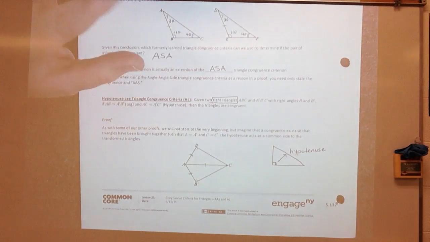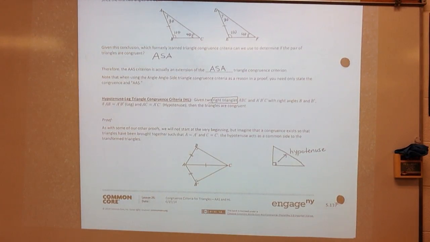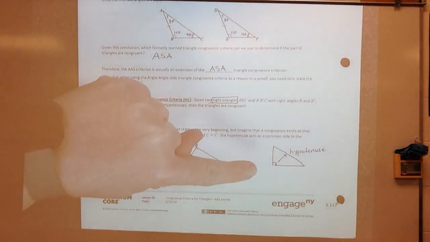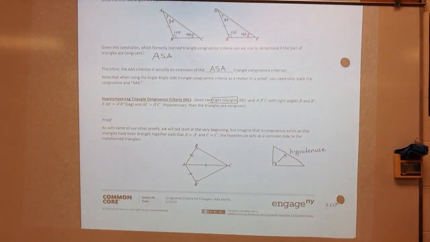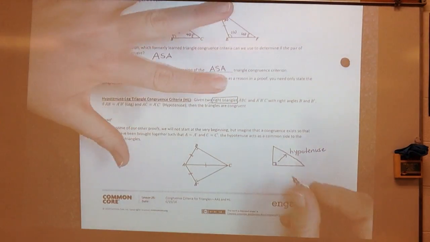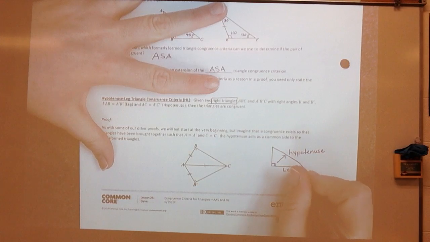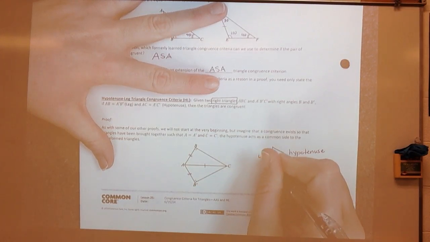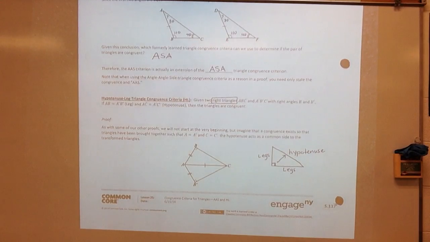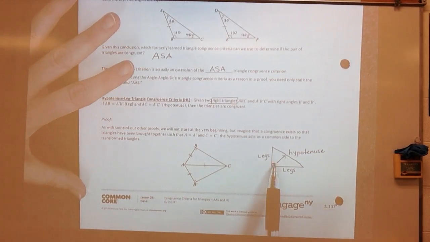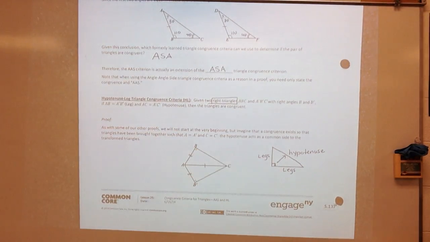You should know this, but just in case, I want to go back over it. The side across from the right angle is what we call the hypotenuse. And then these are what we call the legs. So the two sides that meet together at the right angle, those are your legs. It's important to make sure you understand that.